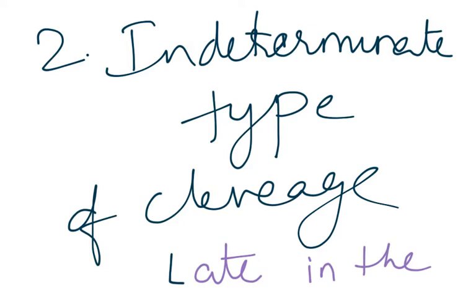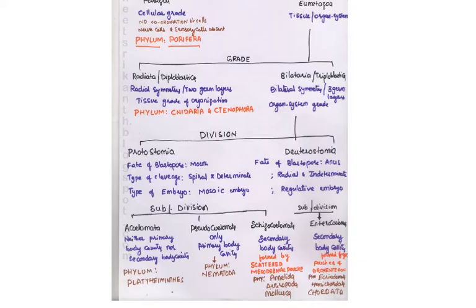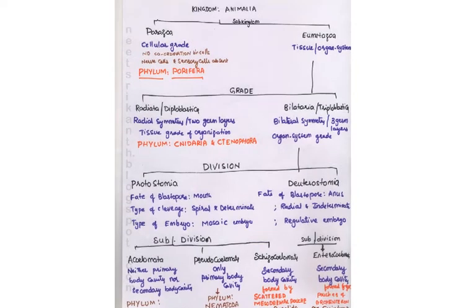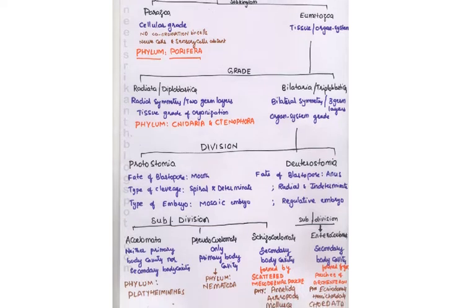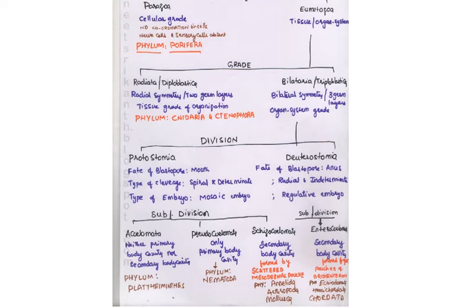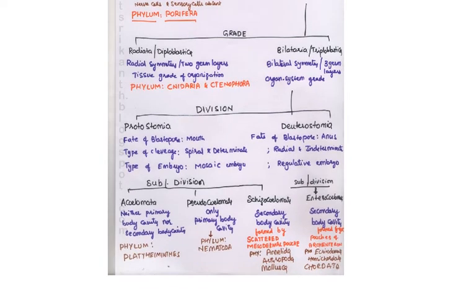Let us see this in kingdom Animalia. Here we are, kingdom Animalia, classified into two subkingdoms, subkingdom Parazoa and subkingdom Eumetazoa. Subkingdom Eumetazoa is further classified into grade Radiata or Diploblastica and grade Bilateria or Triploblastica, learned earlier.